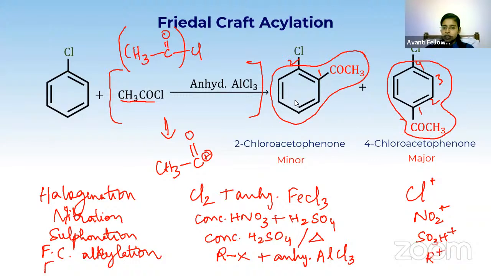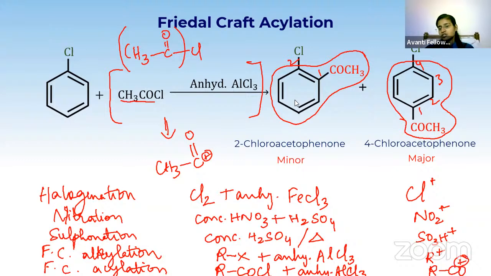And in case of Friedel-Crafts acylation, we will use RCOCl plus anhydrous AlCl3, and here RCO+ will act as an electrophile. Got it? So learn the type of reaction, the electrophilic substitution reagent mixture, and the electrophile that is getting generated. These are the very, very important points you have to keep in mind.